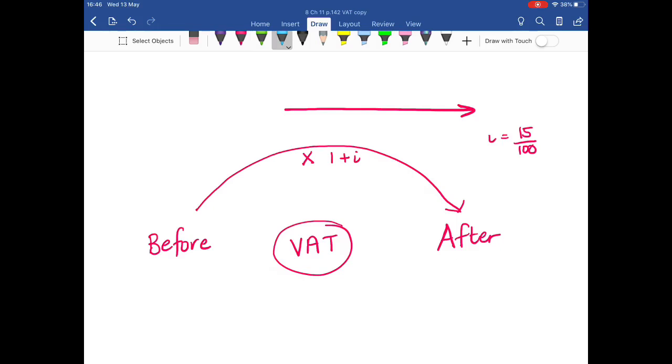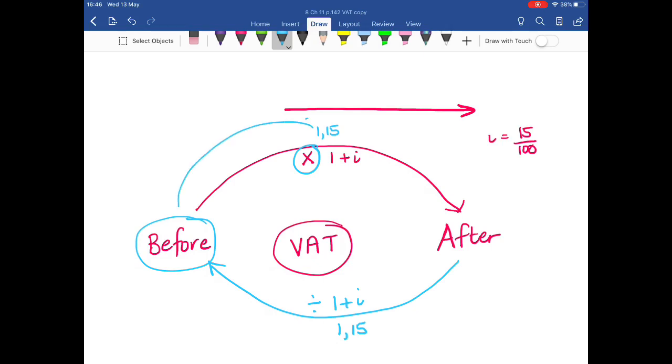When I want to get my price before VAT, so if I've got my after price, the inverse of multiply is divide. So I'm going to divide by 1 plus i. And you will see that this is going to be 1,15, and this is going to be 1,15. So you could take your price before, multiply by 1,15, and you will get your price including that.